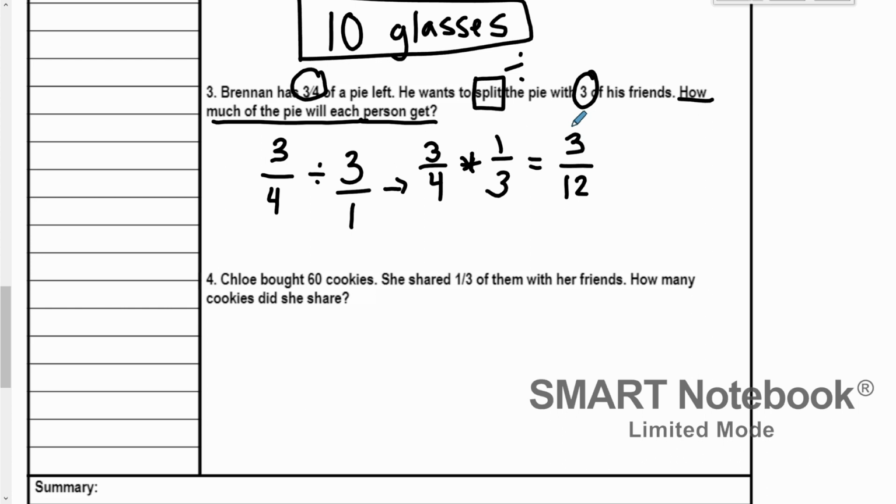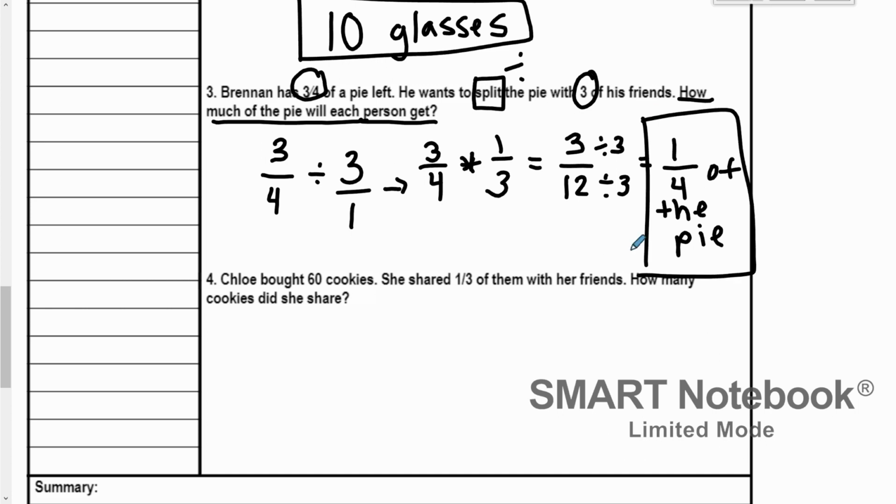Well, I know 3 can only be divided by 3 and 1. Can 12 be divided by 3? Yes, it can. So we can divide them both by 3. 3 divided by 3 is 1. 12 divided by 3 is 4. Final answer here would be 1/4 of the pie.